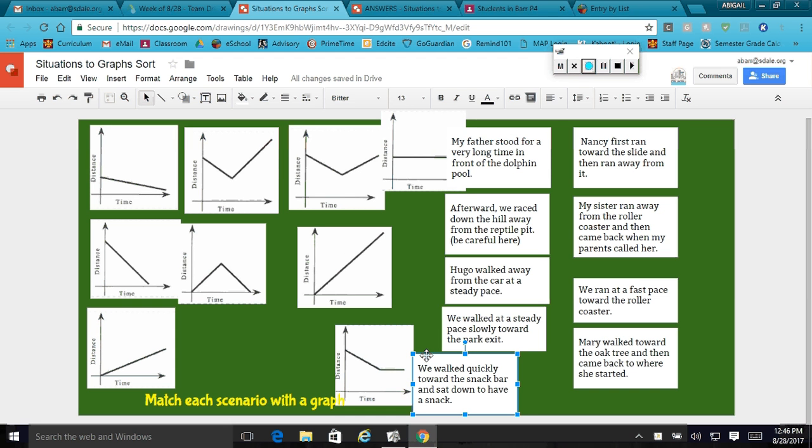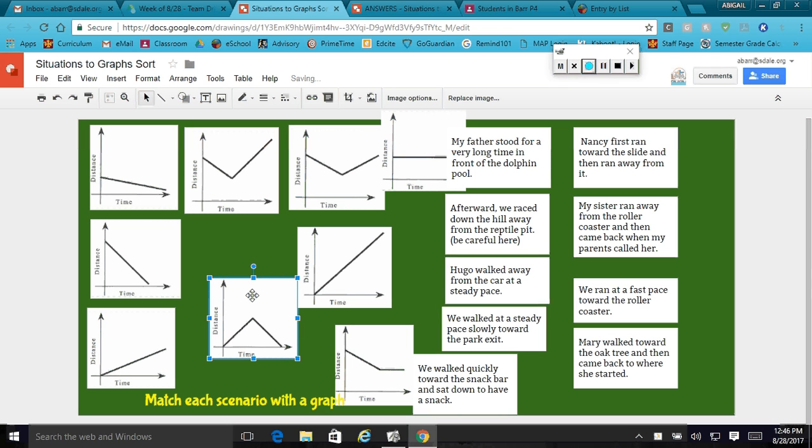Okay, what about this one? What does that tell me? Distance increases and then decreases. So which situation increases? Nancy first ran towards the slide and then ran away from it. If you're running towards something, does your distance increase? It decreases.